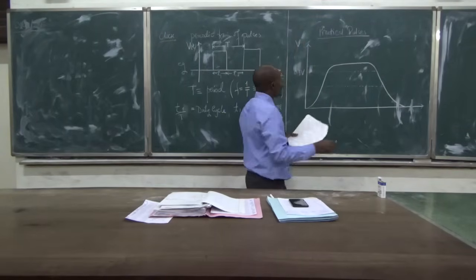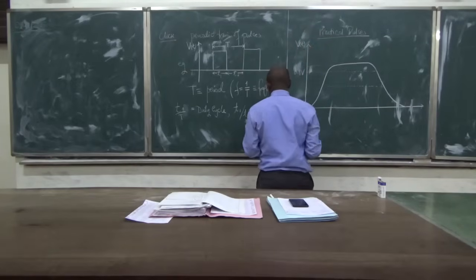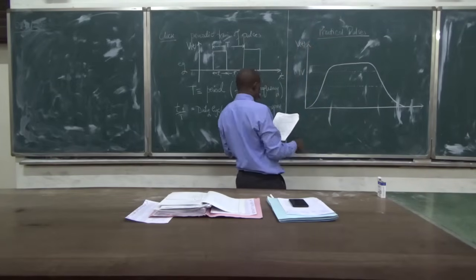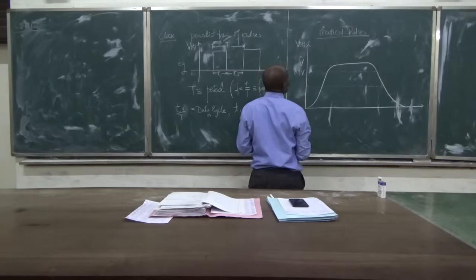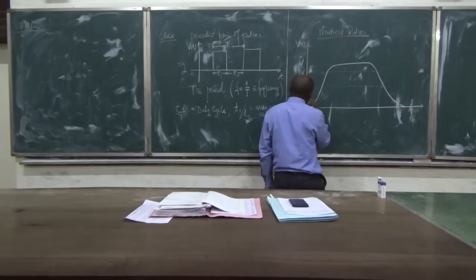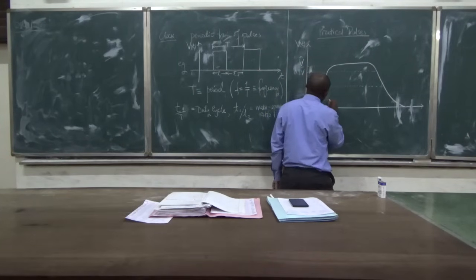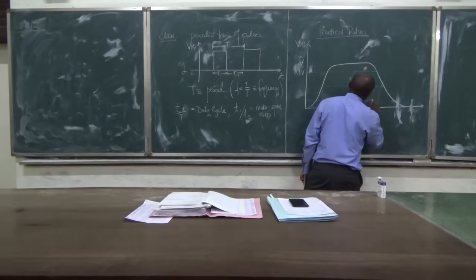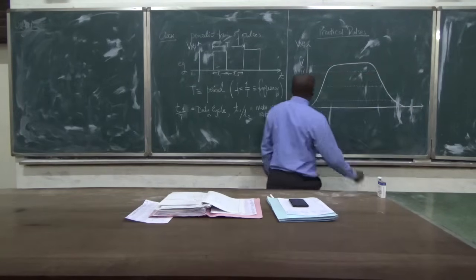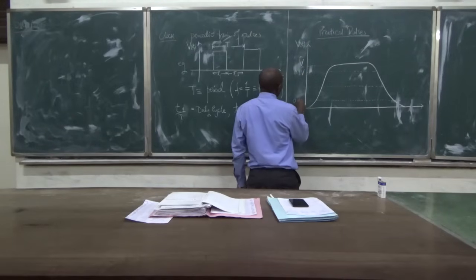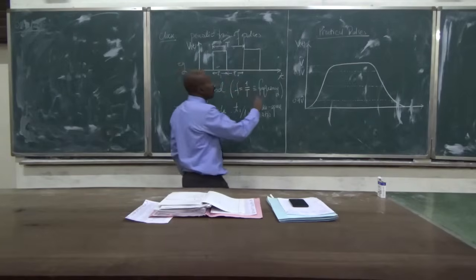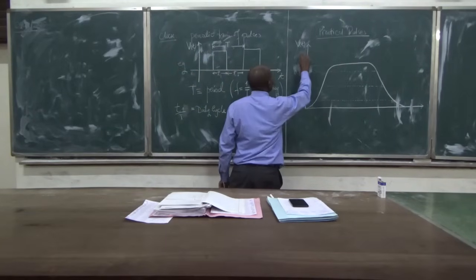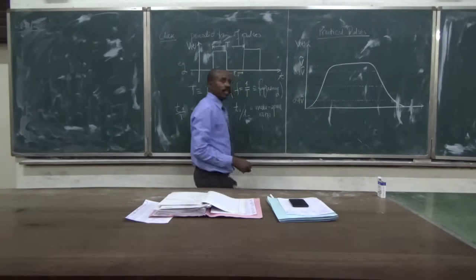So if this is the VT, this is the peak value, and this is 0.9 of the peak value. Then we shall also take 10%, 0.1 of the peak value, the V top.